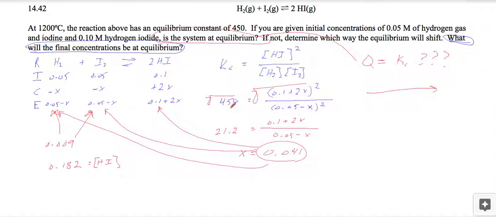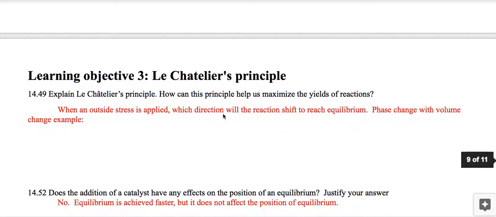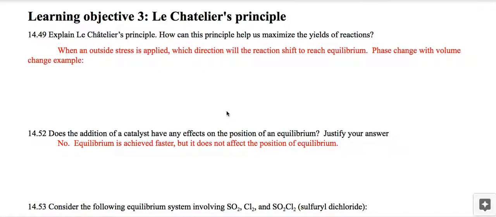All right, so there's learning objective 2. Now we have learning objective 3, which is Le Chatelier's principle. All right, now I got to go back to my other answer key.